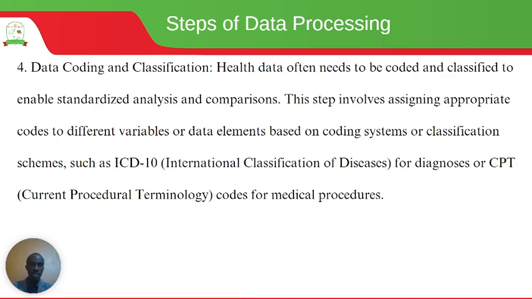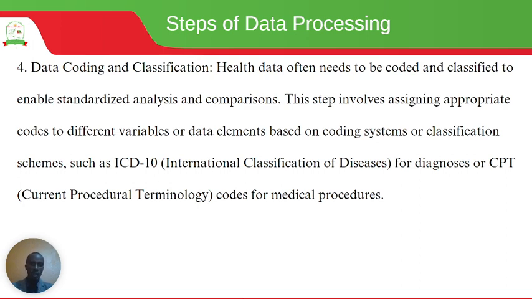Then data coding and classification. We realize that health data often needs to be coded and classified so that we can have standardized analysis and comparisons. And this step involves assigning appropriate codes to different variables or data elements based on the coding systems or classification systems.